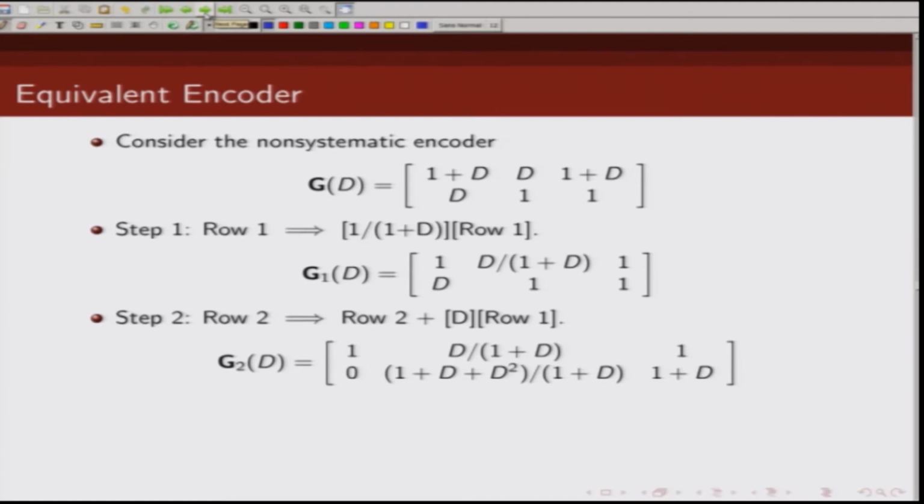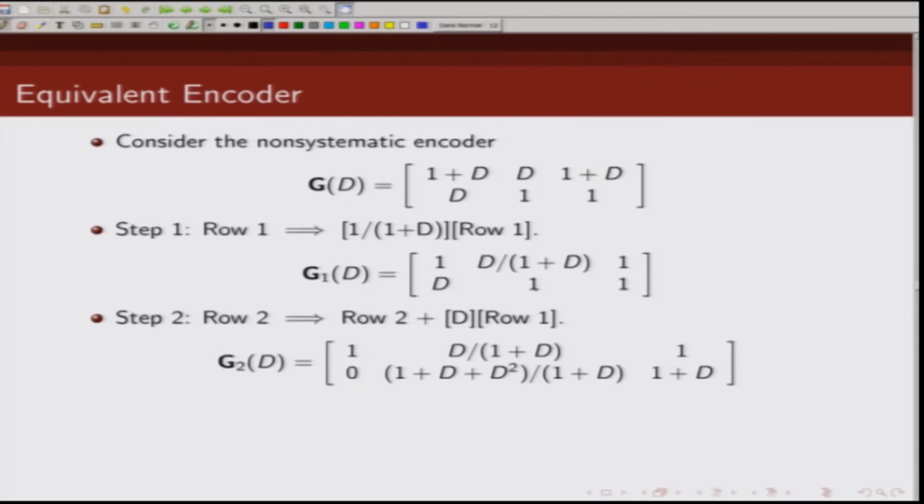Next, we want to get a 0 here. How do we get a 0 here? We do this transformation: row 2 becomes row 2 plus D times row 1. So, the first row is unchanged, but in the second row, it is D plus D times 1, which is another D. So, D plus D is 0.